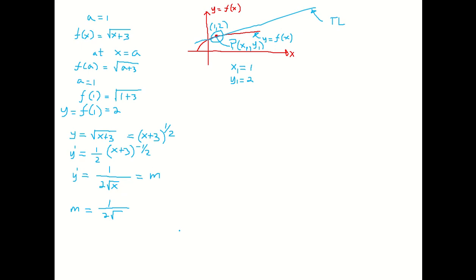At the point of tangency, our x is equal to x1, which is equal to a, which is equal to 1. So 1 plus 3 is equal to 4. Square root of 4 is equal to 2. Then times 2, that is 4. So therefore our m is equal to 1/4.